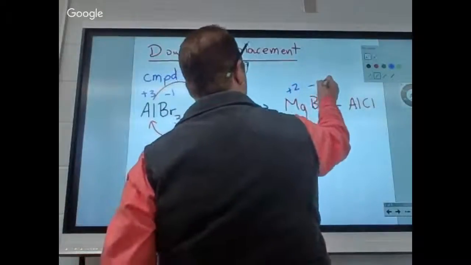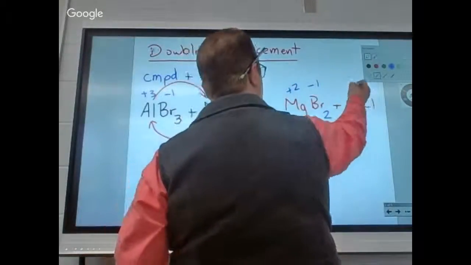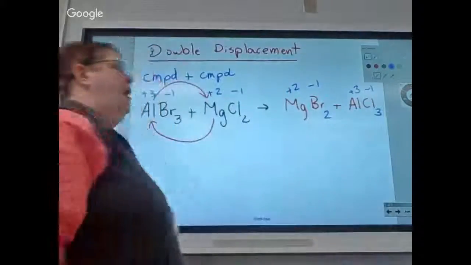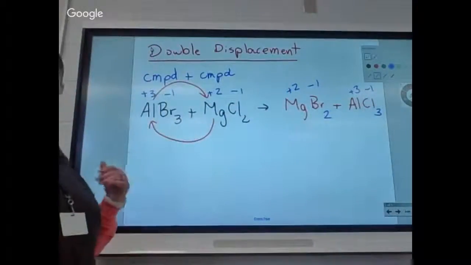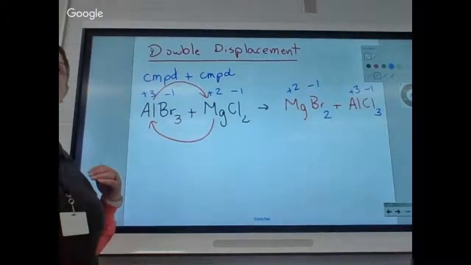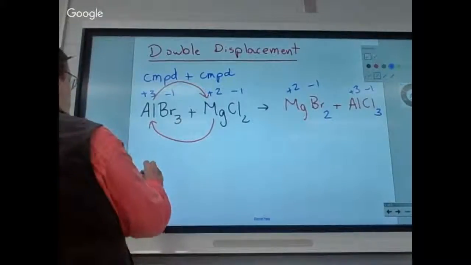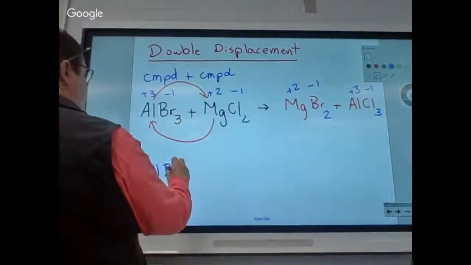+2, -1. Bring my 2 down. +3, -1. Bring my 3 down. All of my subscripts come from me putting in the oxidation numbers and crisscrossing. So now if I rewrite it without all this doodling.